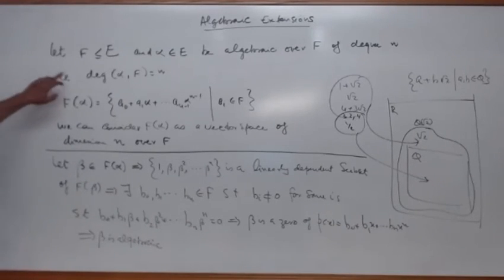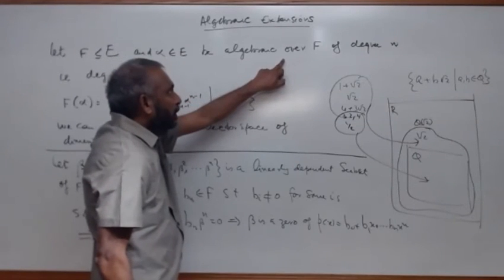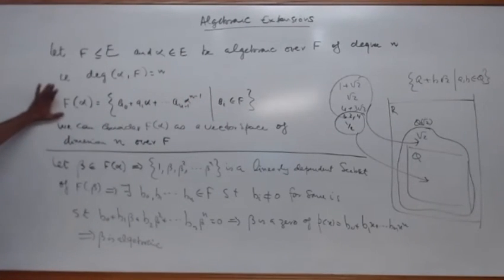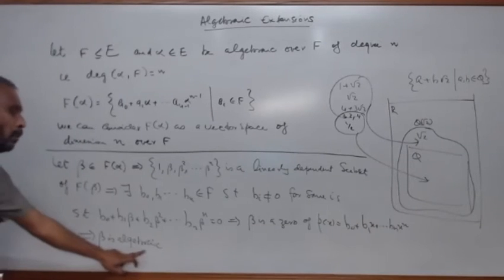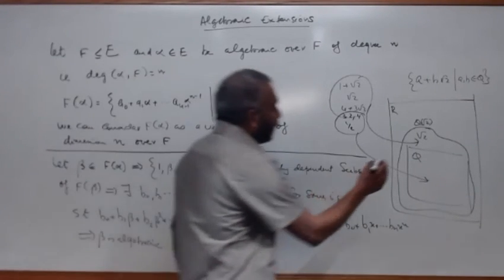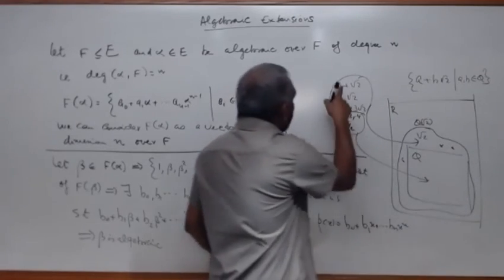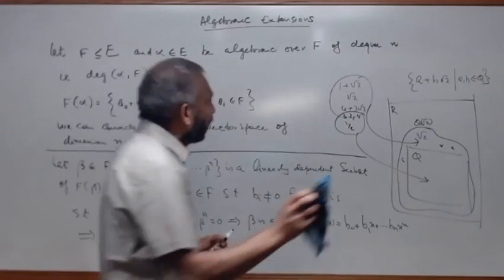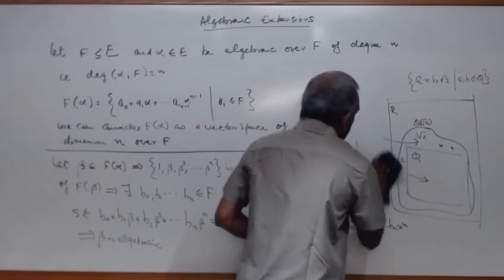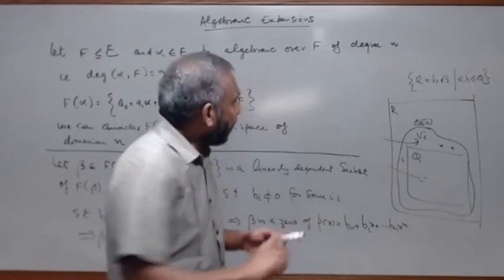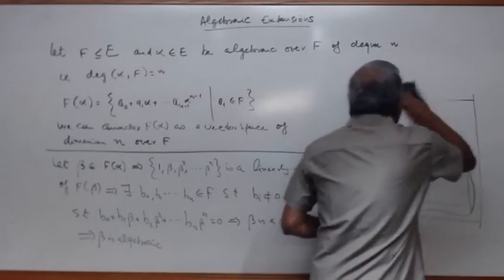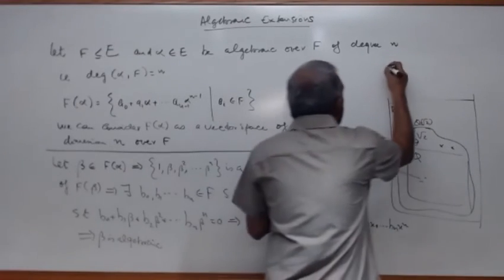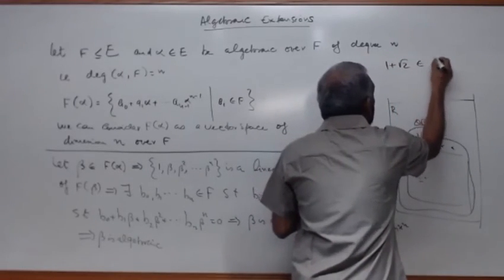So if alpha is an algebraic element, then every element in the simple extension of alpha is also algebraic. Let me show you what I am talking about. See here, 1 plus root 2 belongs to Q(root 2).